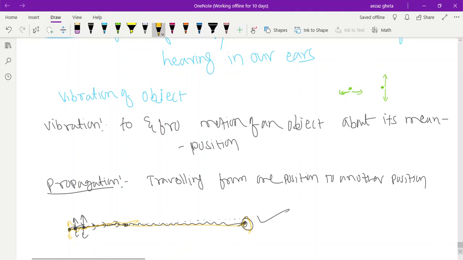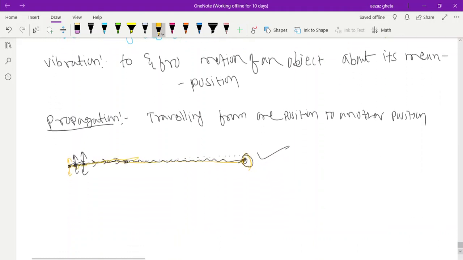Now there are two types of waves we have: mechanical waves and non-mechanical waves. See, what are mechanical waves? The waves which require a medium for their propagation are called mechanical waves.